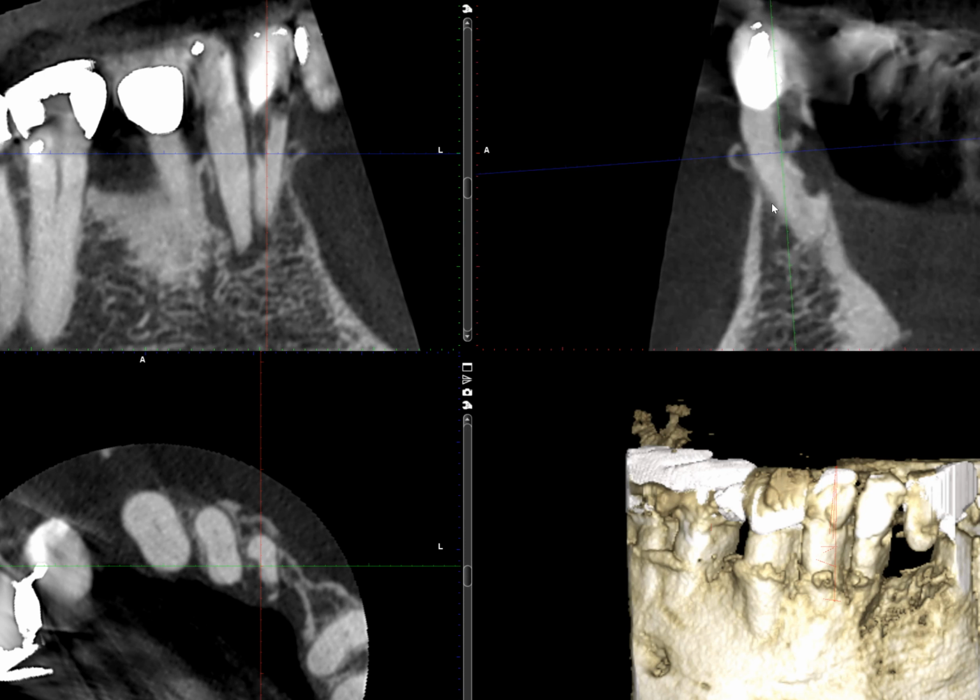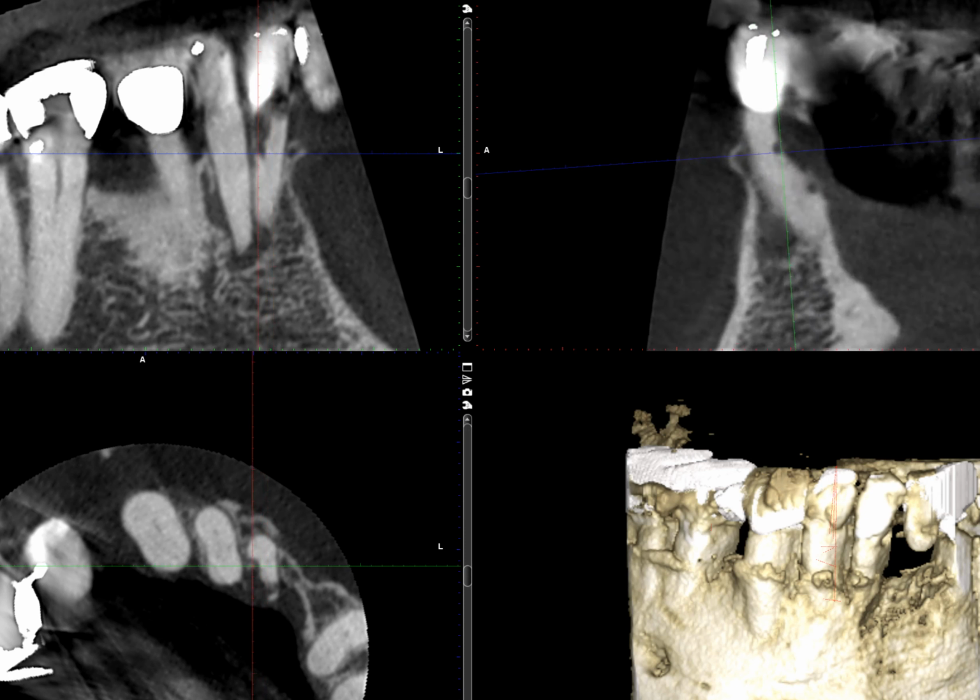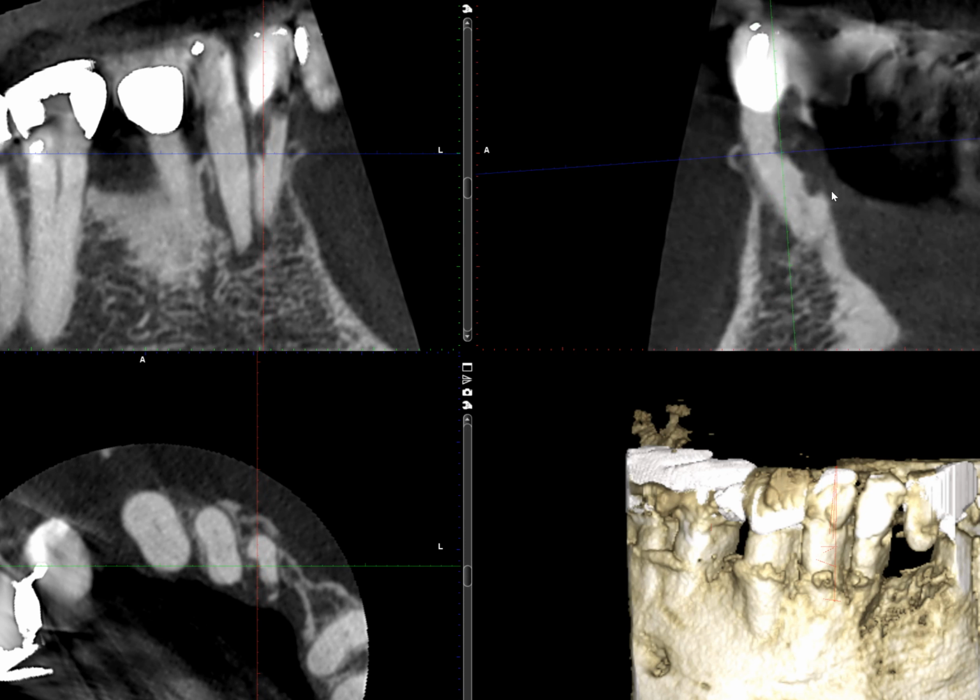Look at this sagittal view and see how much of the destruction and resorption that has occurred. I mean, it's extending from the apical third all the way up to the crown. And with that, lingual cortical plate is perforated as well.